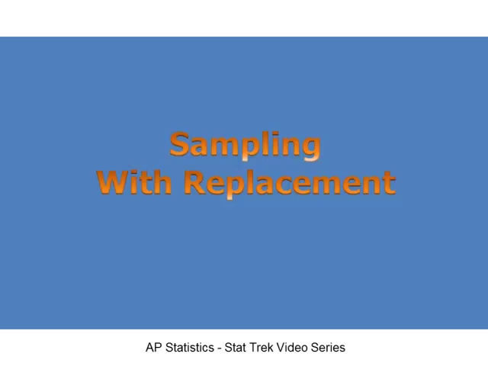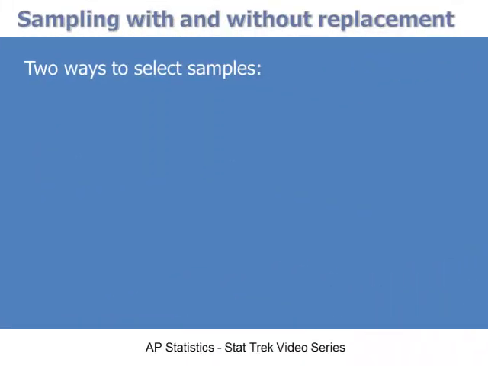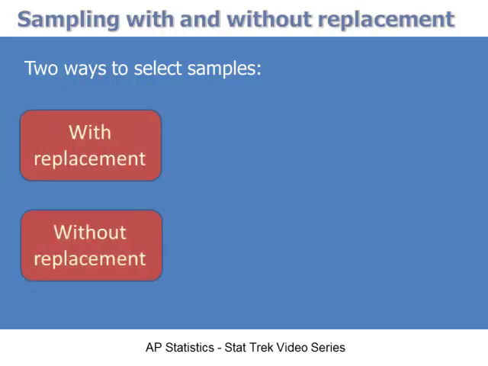And finally, there are 2 twists on sampling that we need to describe: sampling with replacement and sampling without replacement. Broadly speaking, there are two ways to select samples: with replacement and without replacement. Suppose we use the lottery method to select a simple random sample. After we pick a number from the bowl, we can set it aside or put it back in the bowl.